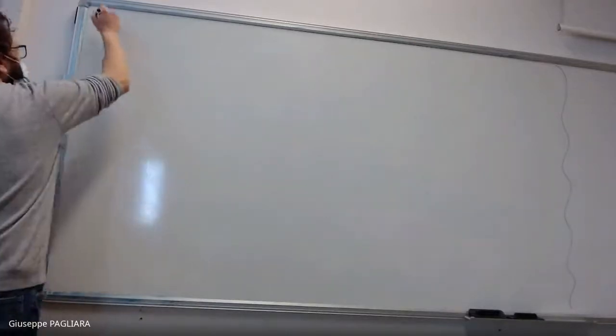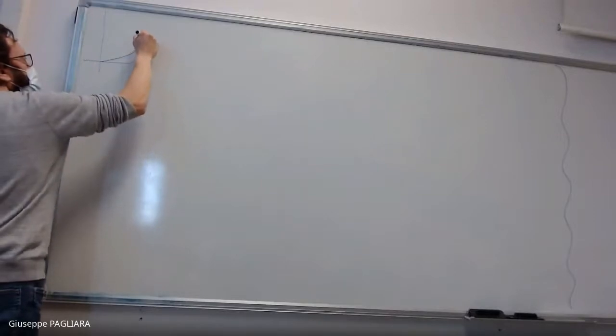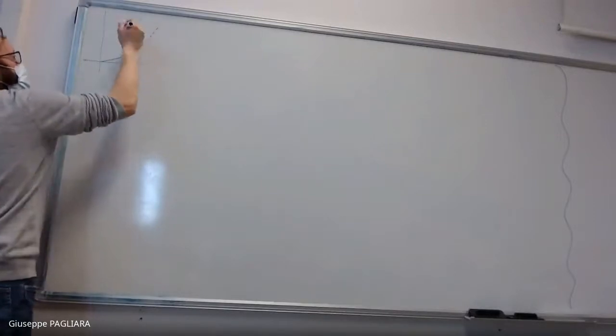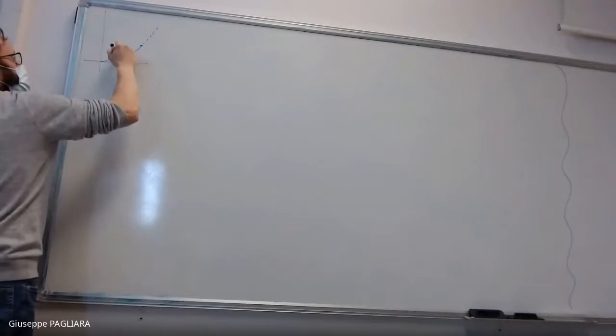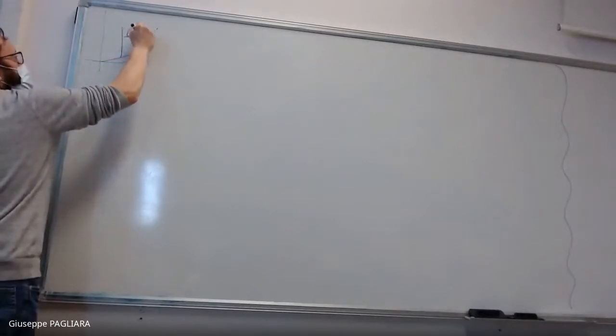So let's concentrate for the rest of this lecture on the liquid gas phase transition. So we are basically here, with the triple point, and this is the liquid and this is the gas.